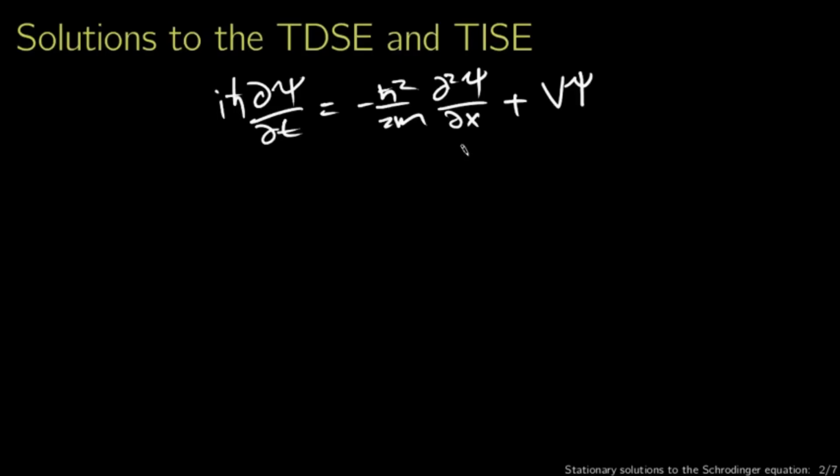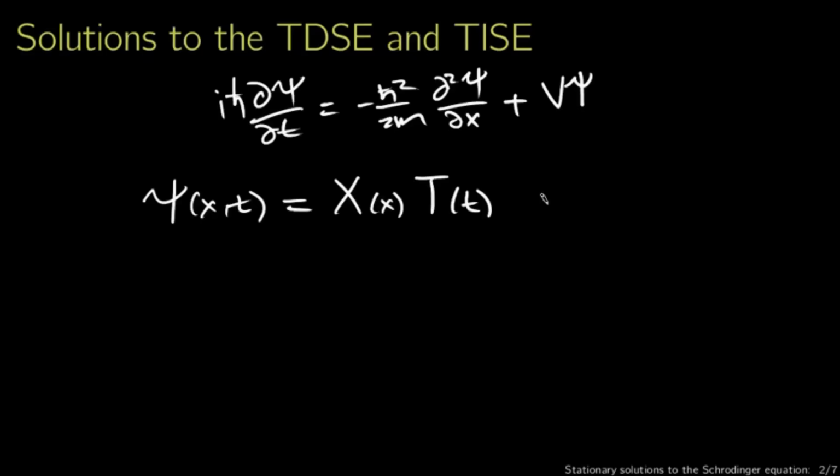We were able to make some progress towards solving this equation by writing psi, which is in principle a function of position and time, as some function of position multiplied by some function of time. Why did we do this? Well, it makes things easier. We can make some sort of progress, but haven't we restricted our solution a lot by writing it this way?